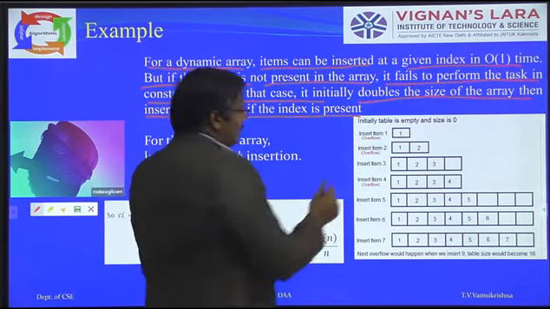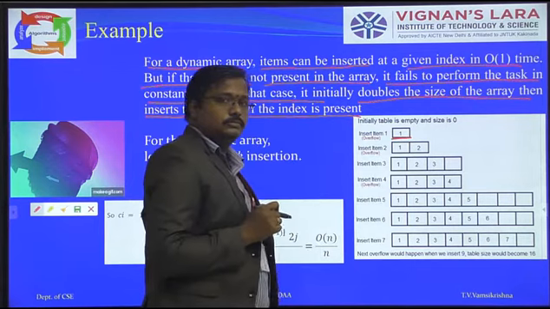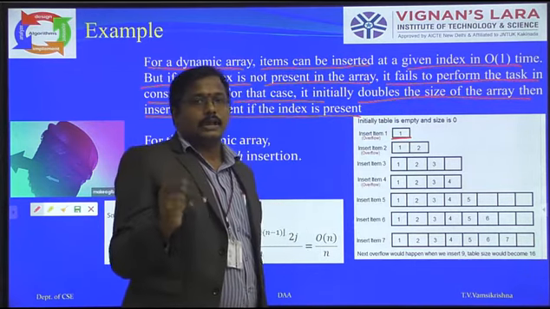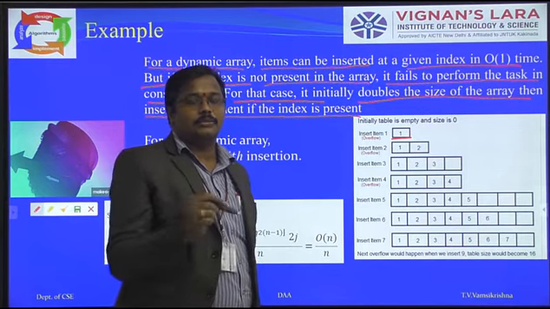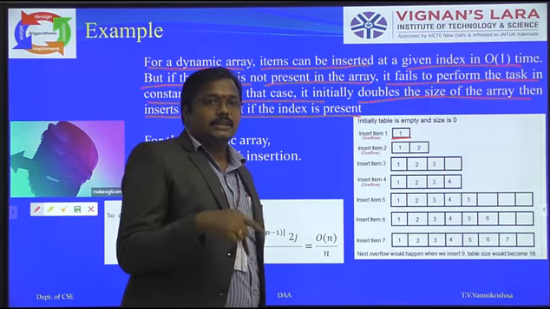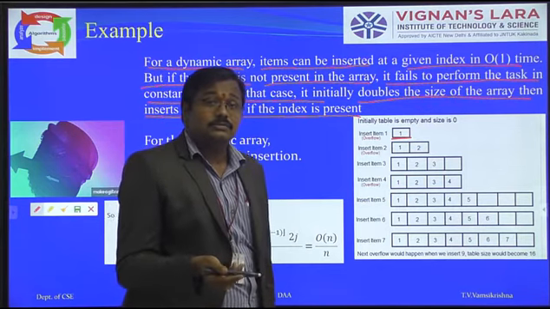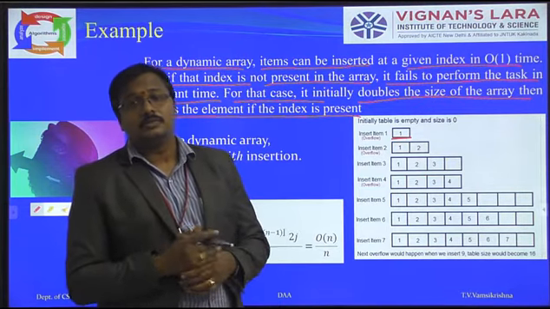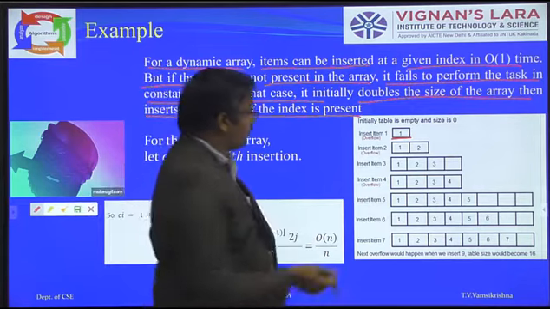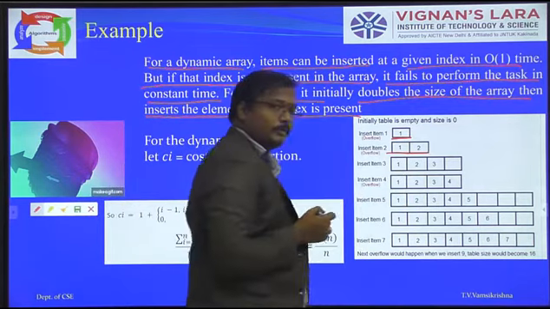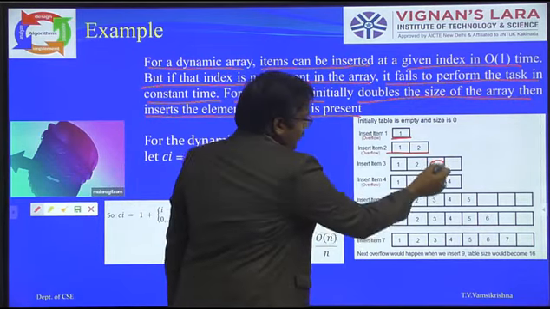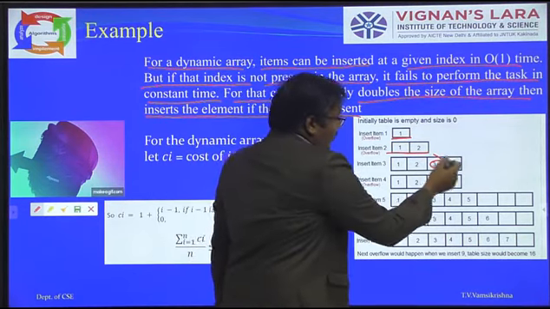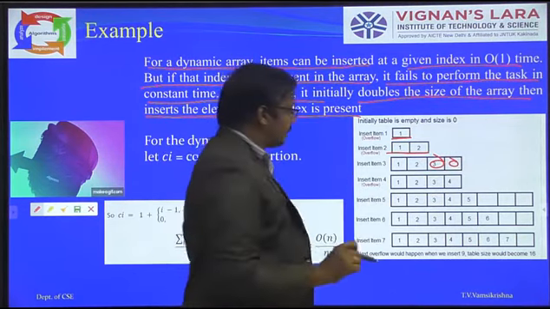First, we insert one element, allocating a size of 1, only one location, and keep element 1 in that location. Next we try to insert the second element, but the second index is not possible. What to do? We need to double the size, then insert the element. The next element takes only one unit of time, and keeping another element also takes 1 unit of time.